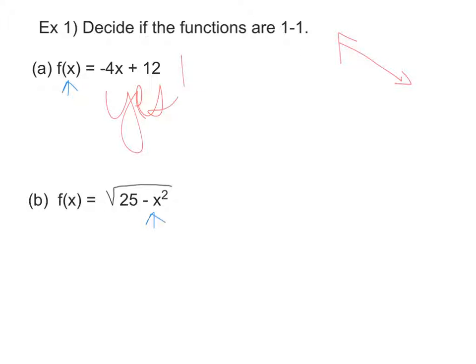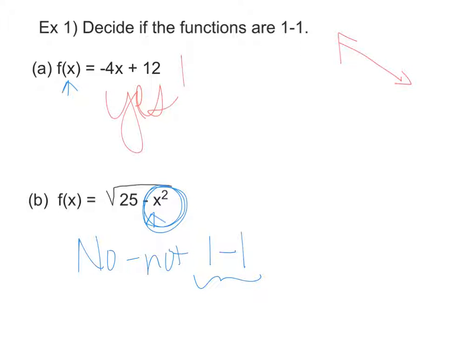So in this instance, because this x value right here is squared, that's the deal. Because x is squared, no. This is not one-to-one. The symbol for one-to-one here is 1-1. Instead of writing out all the words, you can just write that symbol.